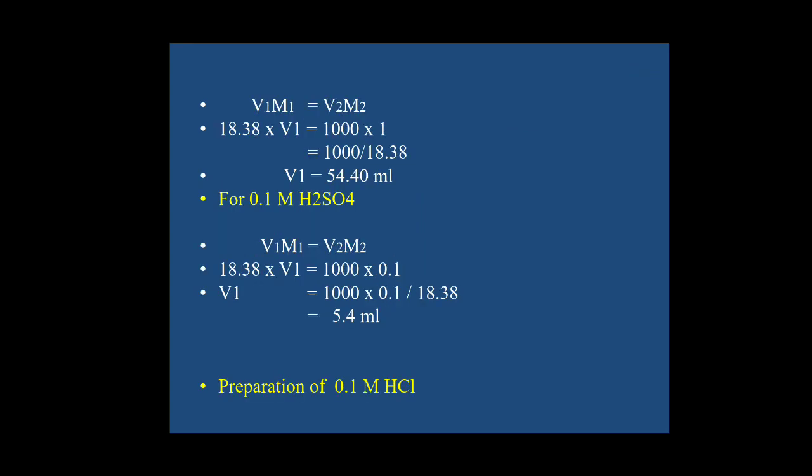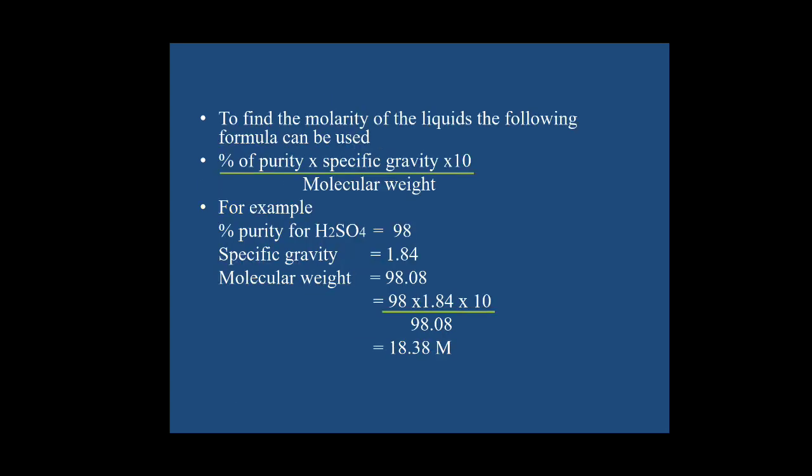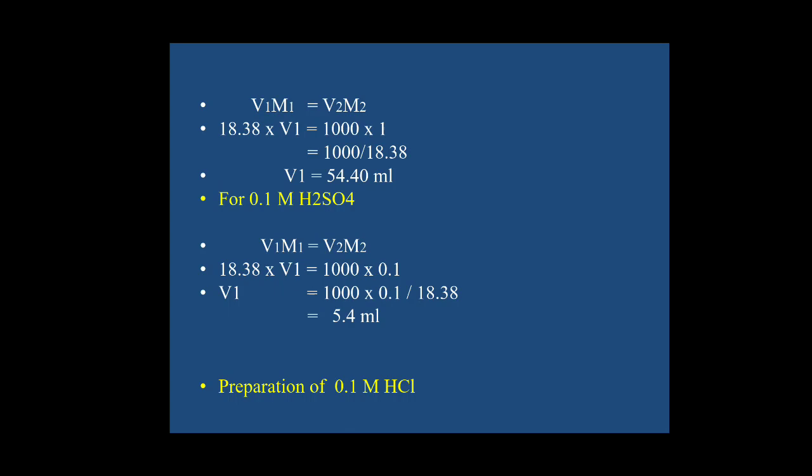Then we will apply the formula V1M1 is equal to V2M2. M1 is the molarity we have got, 18.38, into V1, is equal to volume 2 is 1000 into 1.